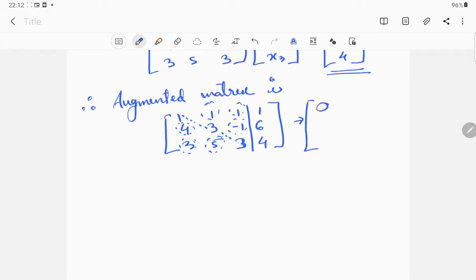Say this is A, this is B, this is C, and every other entry will be equal to 0. So it should convert to this form. This is a diagonal matrix.